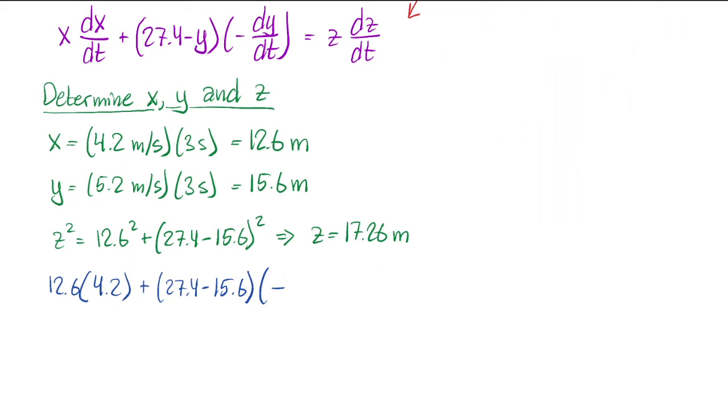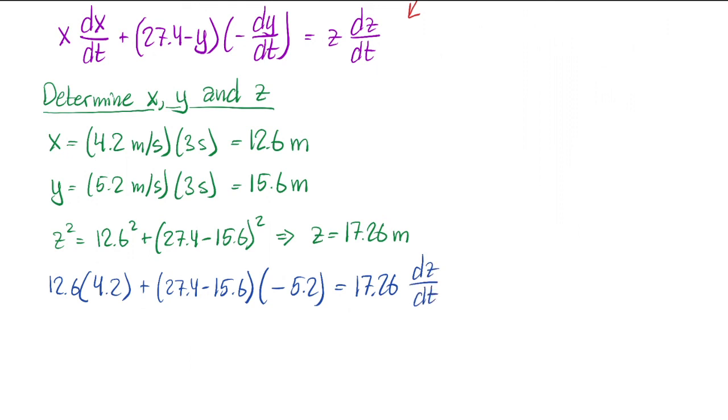Well, it was 5.2, but there's a negative sign in front of it, so it will become negative 5.2. Equals z, the distance between them was 17.26, times dz dt.